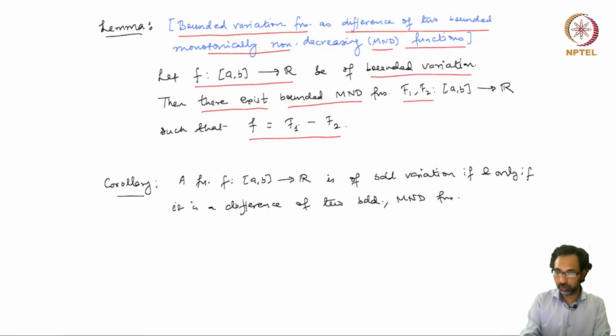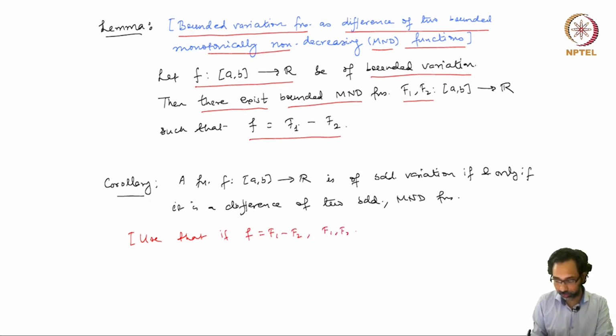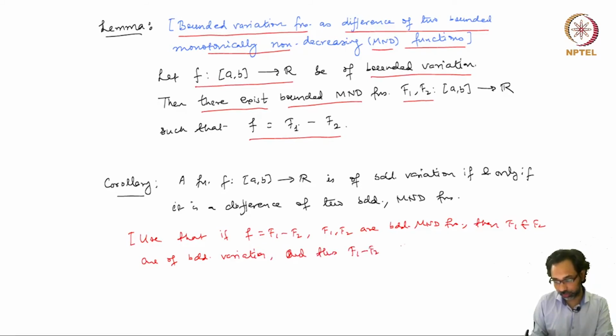So here we use that if f equals f1 minus f2, where f1 and f2 are bounded monotonically non-decreasing functions, then both f1 and f2 are of bounded variation, and thus f1 minus f2 is also of bounded variation.